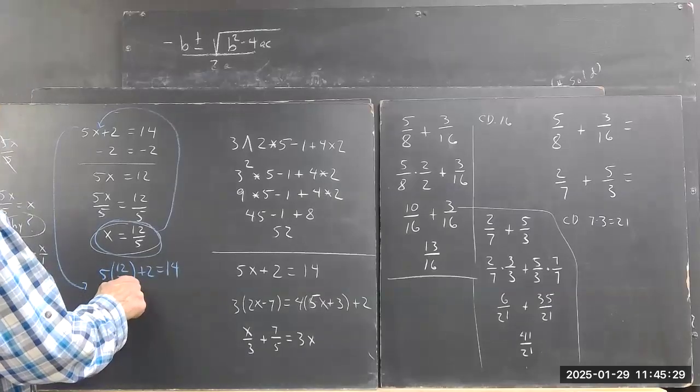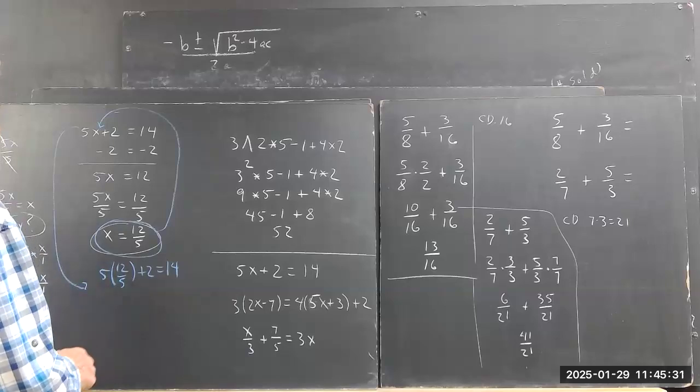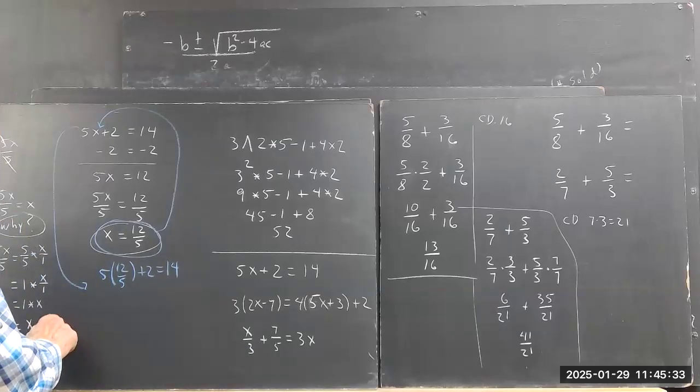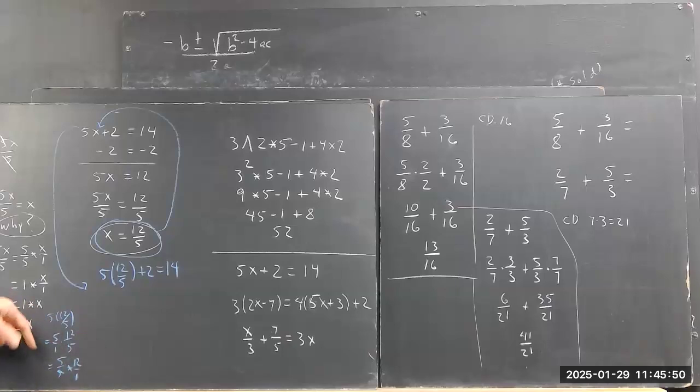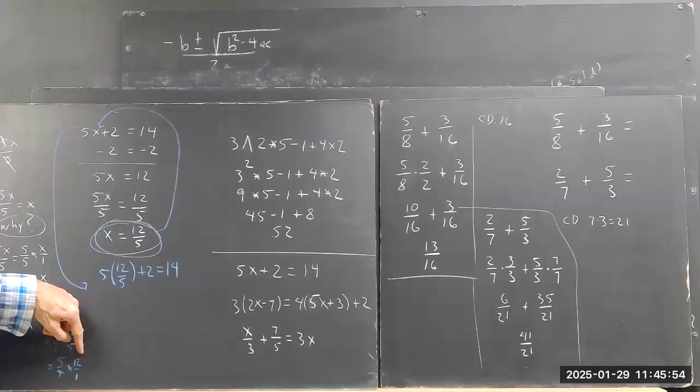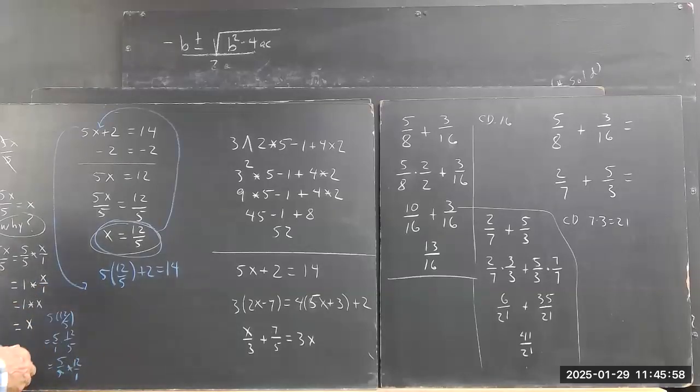Well, this 5 divides this 5. Now I could write 5 times 12 over 5 equals 5 over 1 times 12 over 5, which is the same as 5 over 5 times 12 over 1. So by doing this sort of thing, I can get that 5 to be divided by the 5 and then multiplied by 12, which will give me 1 times 12, which gives me 12.